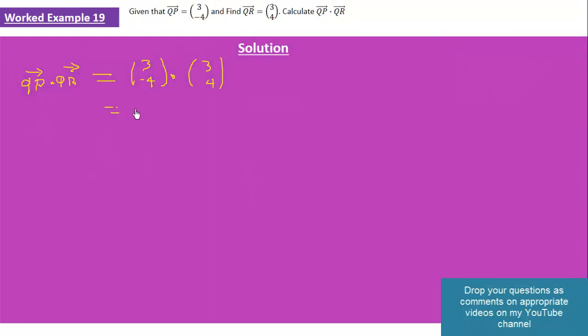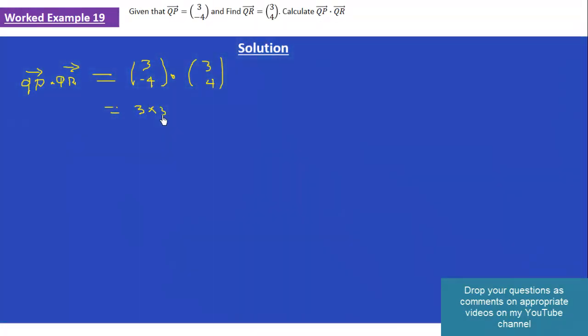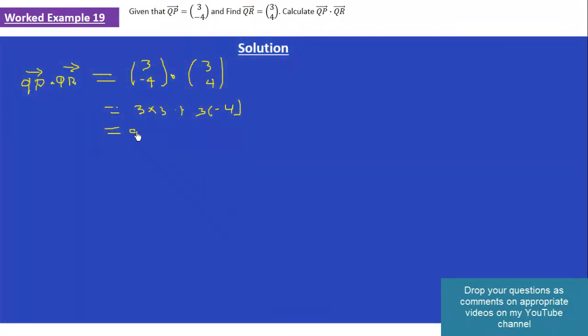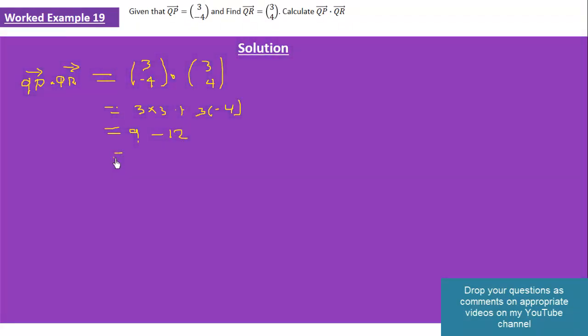So this will give us 3 times 3 plus 3 times negative 4, which gives us 9 minus 12, which will be equal to negative 3.